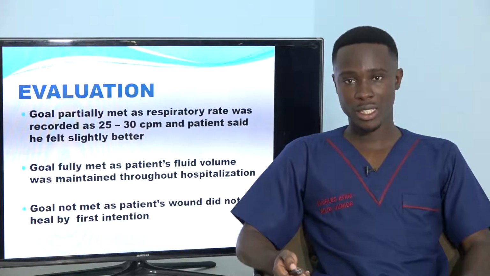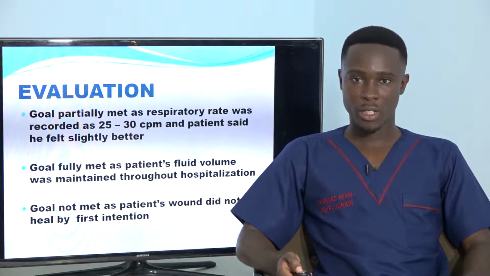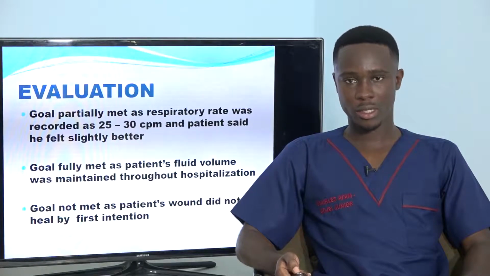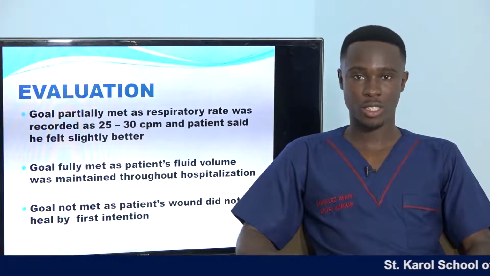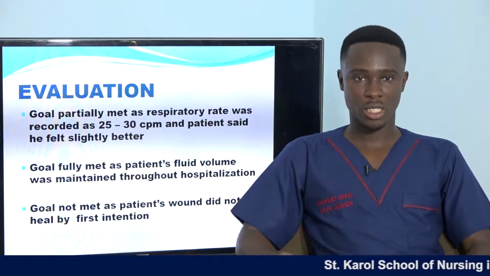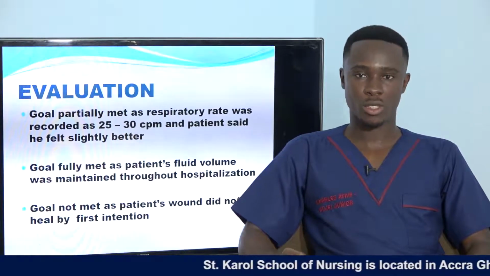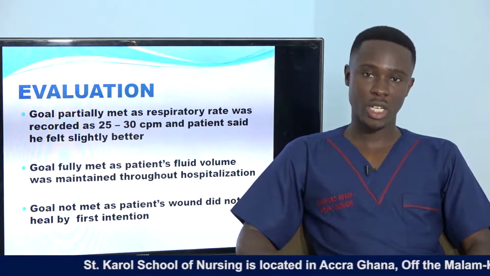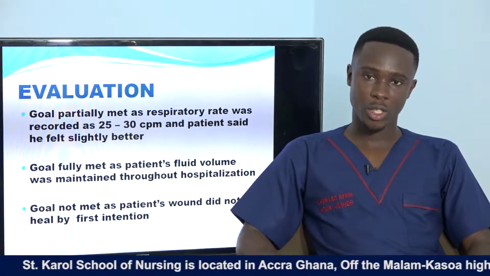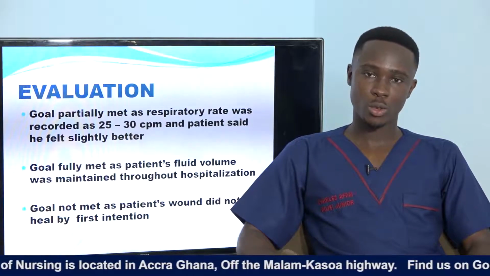But you realize that here, patient's rate was recorded between 25 to 30 cycles per minute, making it higher than the expected rate. So it was partially met because patient also said that he felt slightly better. So in this case, we have to reassess patient's breathing and do an amendment of care.